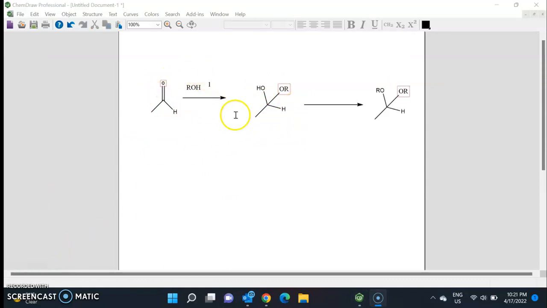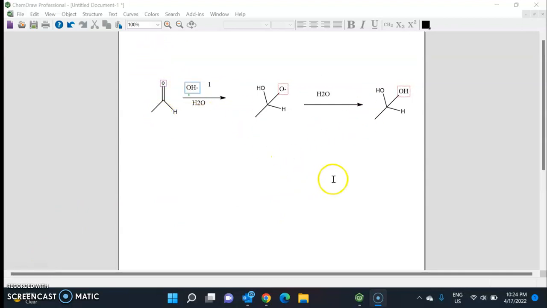So yeah, one equivalent of an alcohol with this aldehyde, this oxygen will attack this delta positive carbon, and the OR will add, and this double bond will break off, and the oxygen will get protonated, and we're left with this hemiacetal. And now if we react this again with the second equivalent of alcohol, we actually get a full acetal, or otherwise known as a ketal.